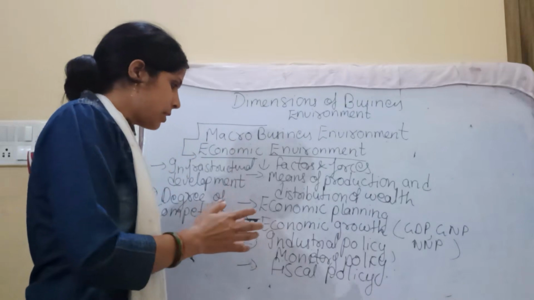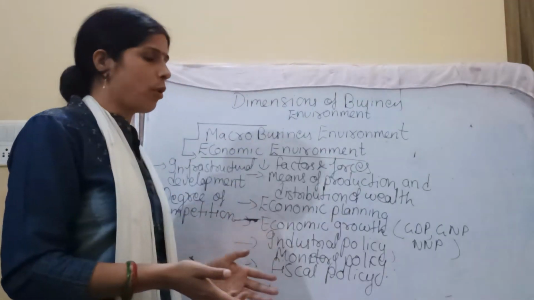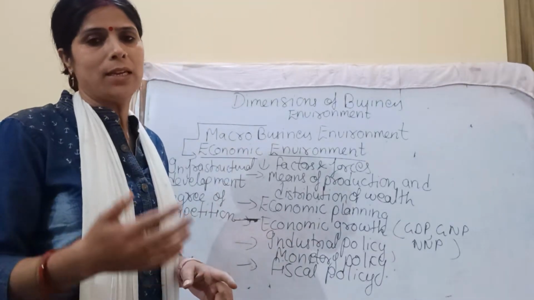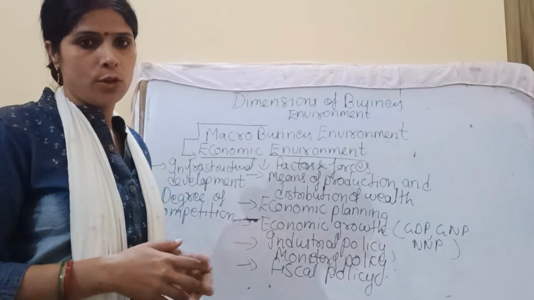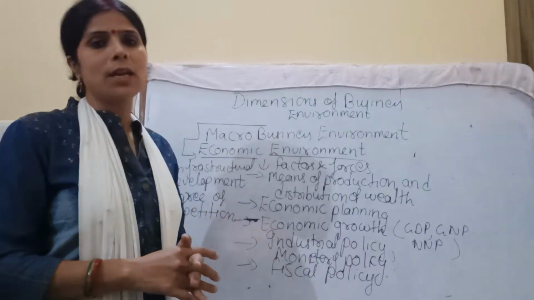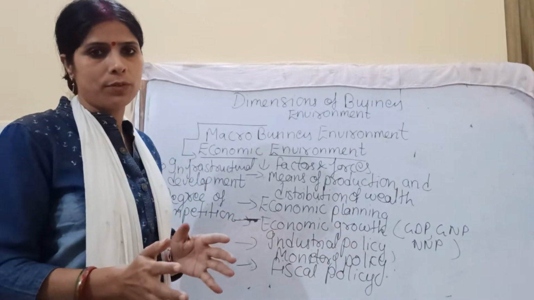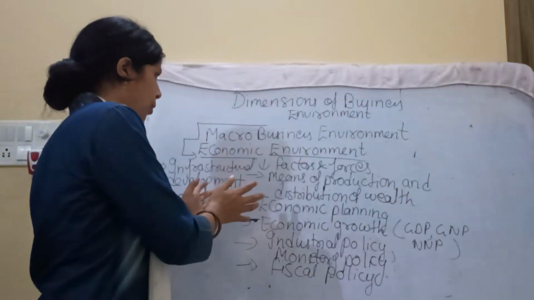The government takes different types of decisions. Fiscal policy is related to the taxing, spending, lending and borrowing policies of the government. All that is going to affect business concerns indirectly, because the policies and decisions of the government are part of the economic environment.